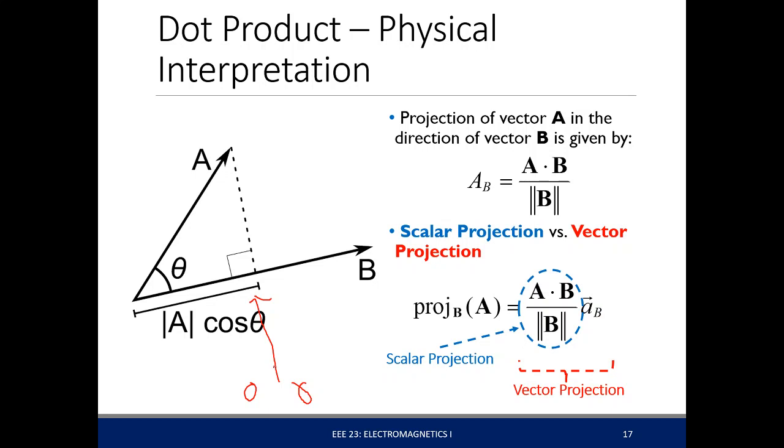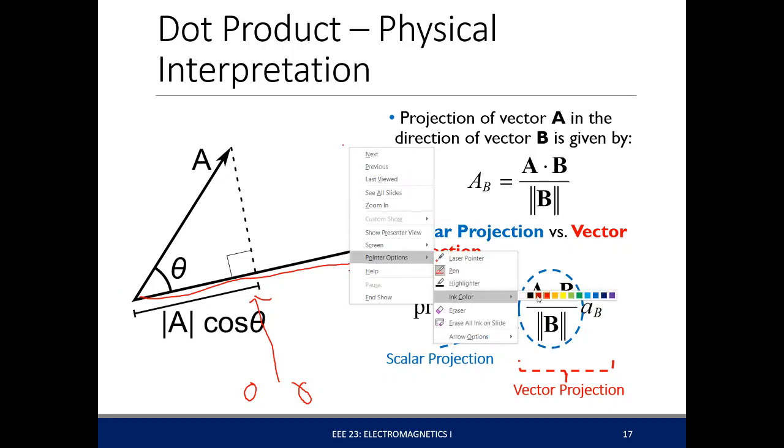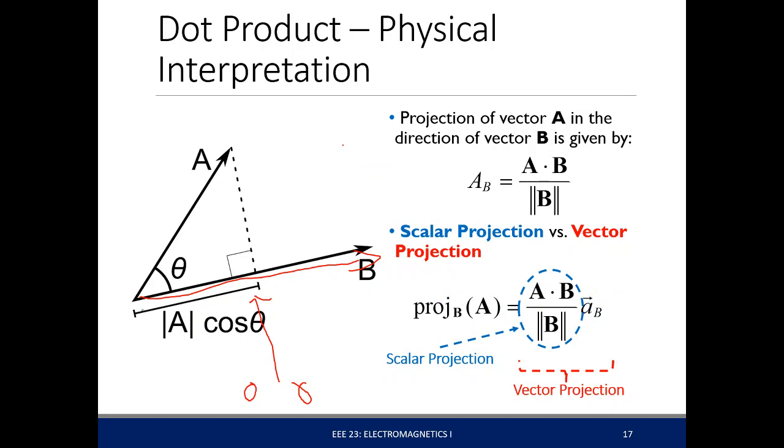If you look towards this direction, you just see one line, which is B. A makes an apparent length from your point of view, and that is the projection of A on B. Okay, so that can be computed using this formula.